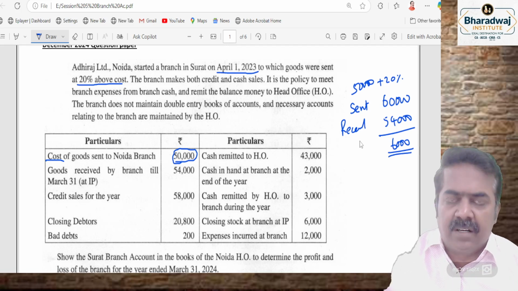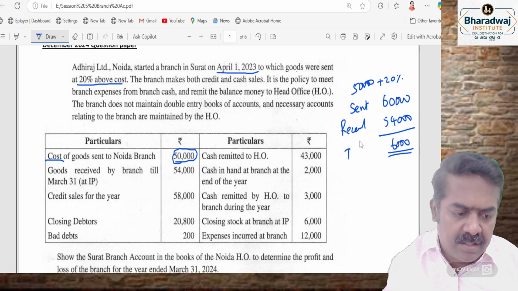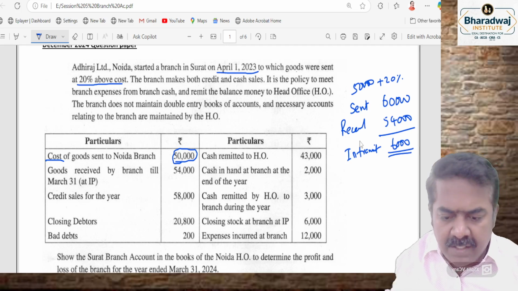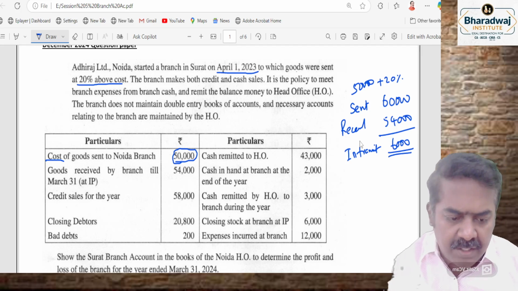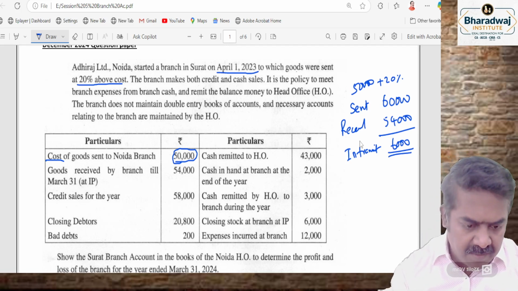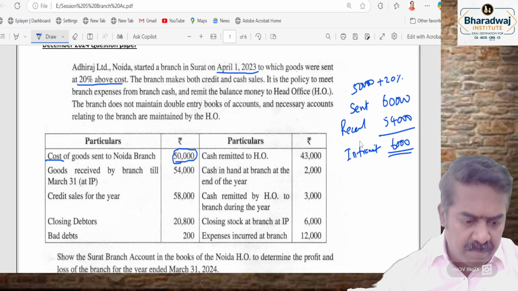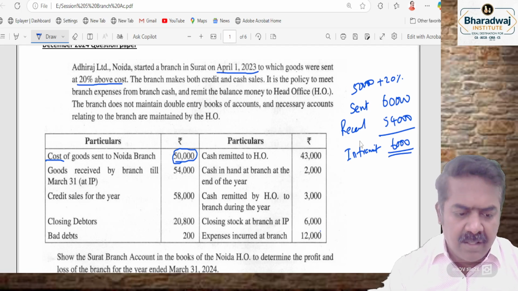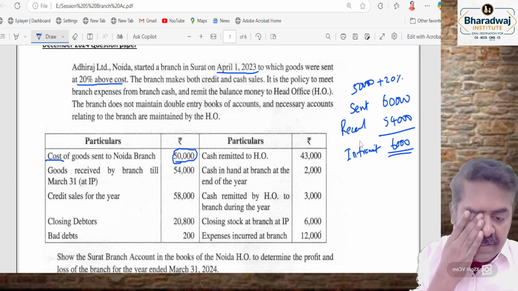There is no opening stock. Goods sent but not received will be what? Goods in transit. Then credit sales is given, closing balance of debtors is given, bad debts are given, cash remitted by branch is given, cash in hand at the end of the year is given, cash remitted by head office to the branch is given, closing stock at invoice price is given, and expenses at the branch are given to us.